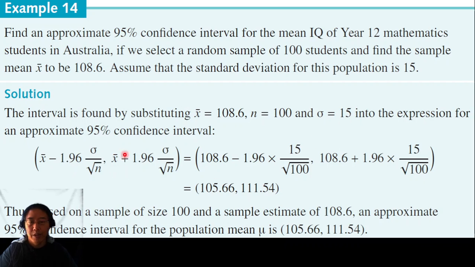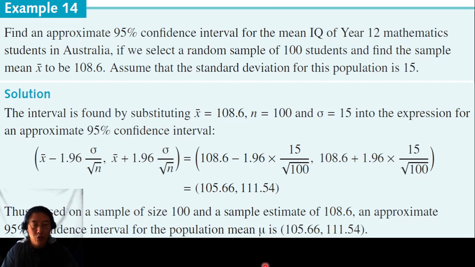You substitute that into your 95% confidence interval, and that gives you those values. Therefore, based on a sample of size 100, a sample estimate of 108.6, we have an approximate 95% confidence interval for the population mean to be within that interval.